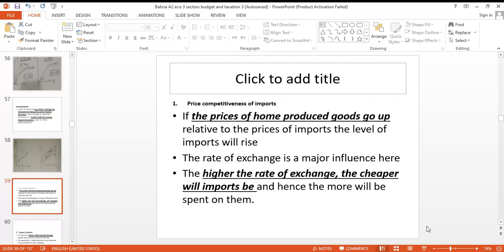So what's going to happen when home produced goods become expensive? You are going to demand more of the cheaper foreign goods, and your imports are going to rise. That is one situation, but it can also happen if the exchange rate rises. If your currency becomes stronger, then with the same currency you will be able to buy more, and imports will look cheaper to you. So in both cases, if inflation rises or the exchange rate rises, your imports are going to rise.